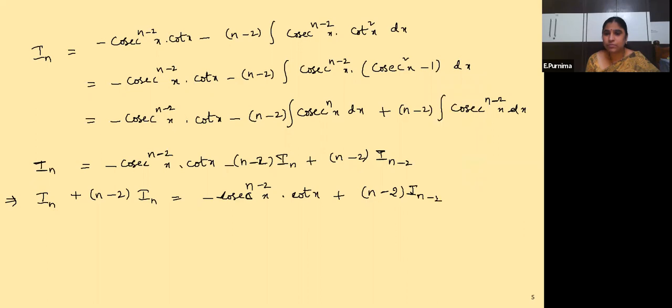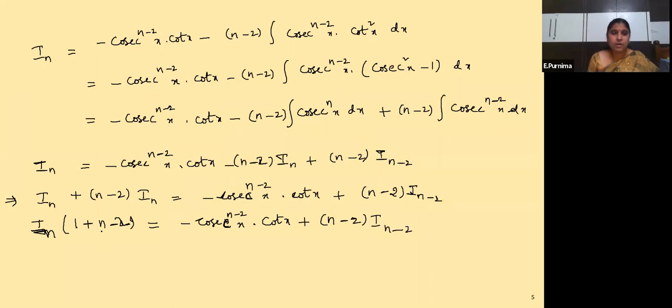Now here I n is taken common. So 1 plus n minus 2 is equal to minus cosecant to the power of n minus 2 x into cot x plus n minus 2 into I n minus 2.